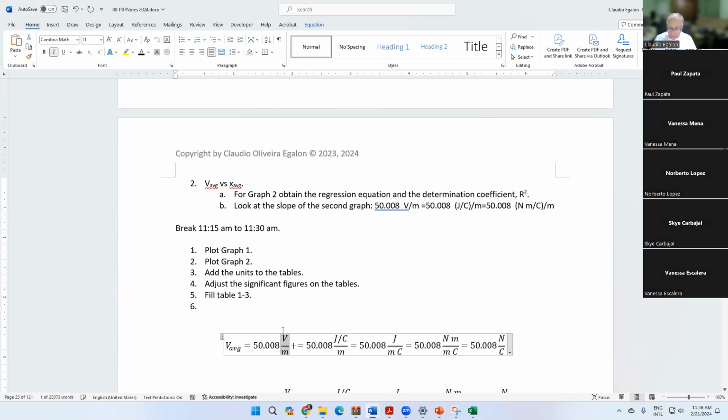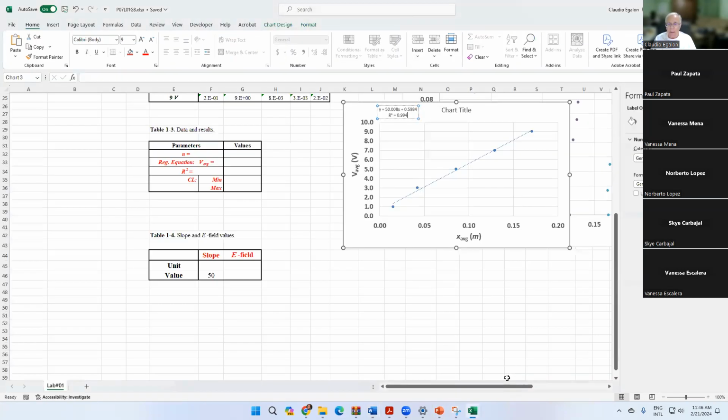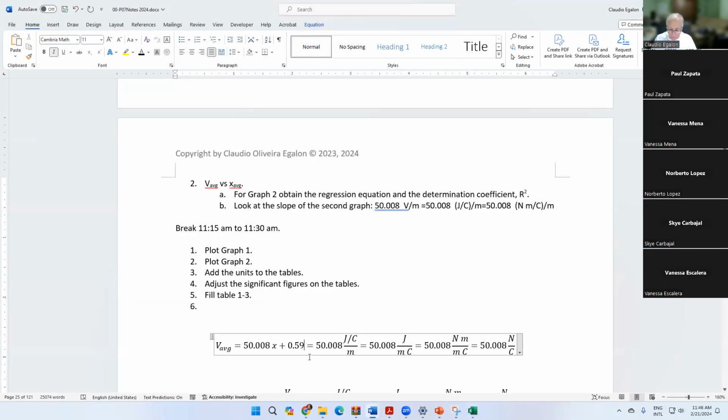I should not say what the unit is, okay? Let's just write it down the way it is. 50 times x plus that small number, 0.5984. In my case, it's 0.5984. In your case, it should be different.